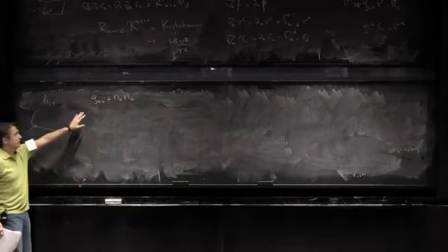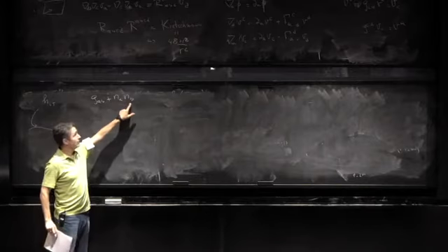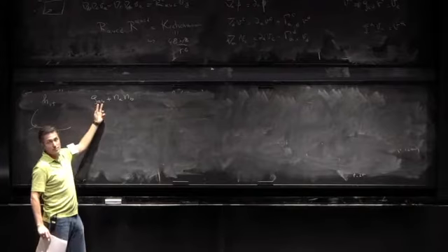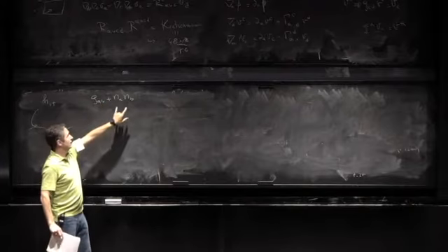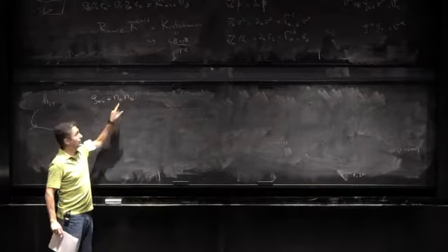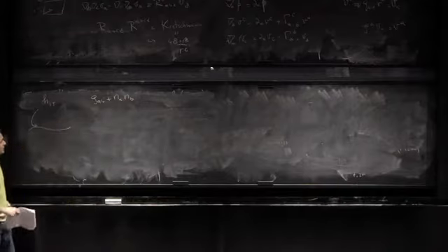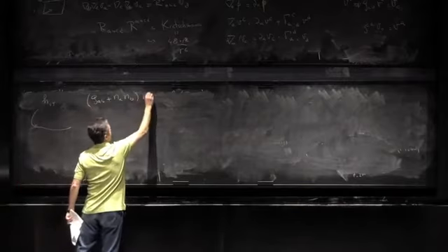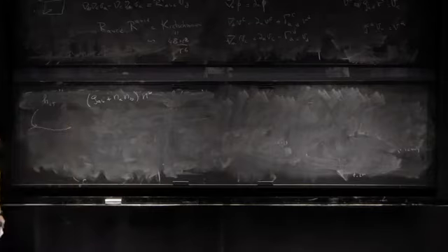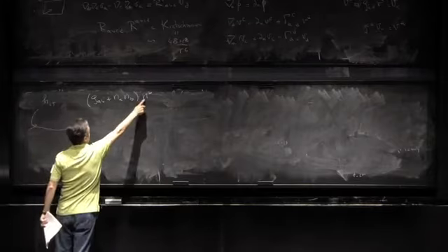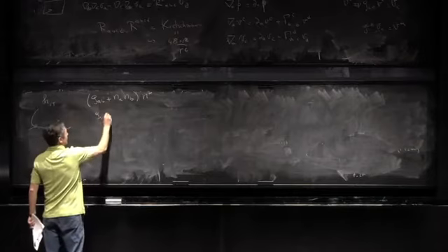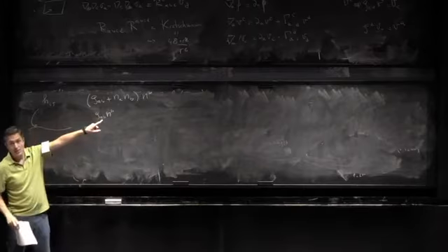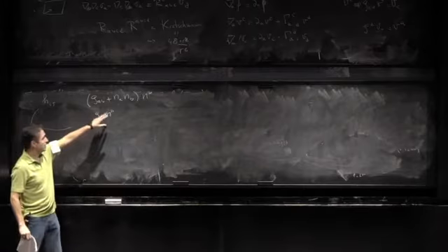I took the full metric, and I added n_a n_b. So this is a symmetric object. If I flip a and b, I get the same answer. This one obviously is symmetric because it's the same object twice with the two indices. And let me imagine that I do the contraction of this with n^b. So what will that give us? Remember, we defined the contraction of a vector, or how to raise or lower indices.